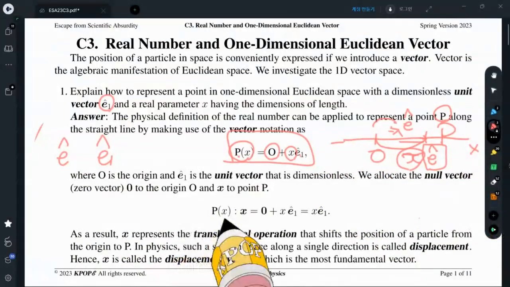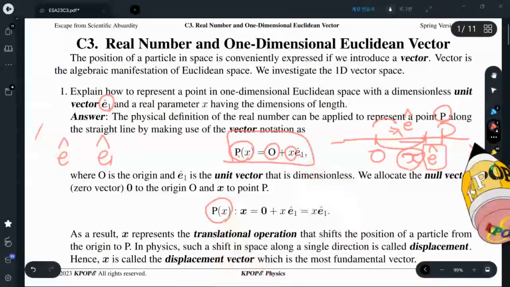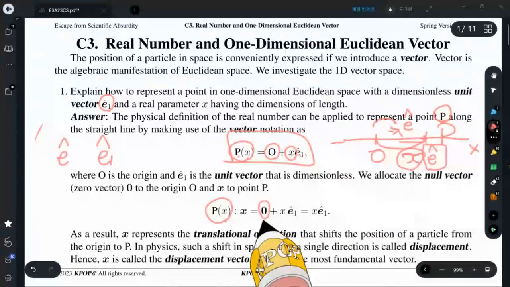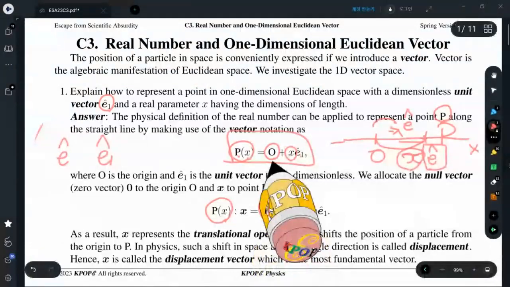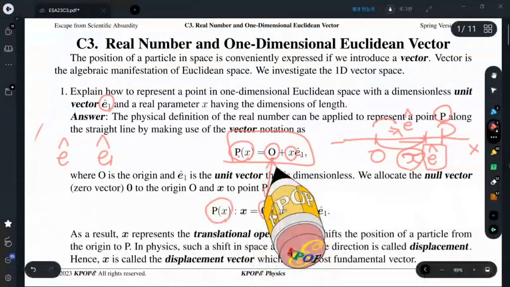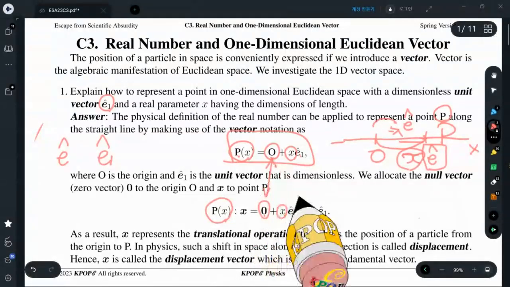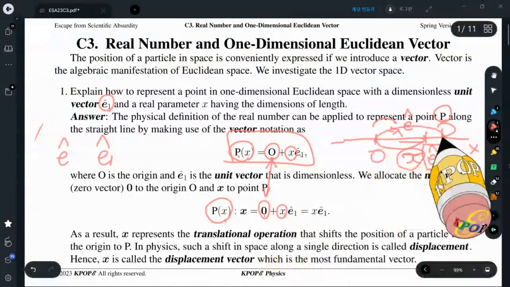Now I can represent a point on a straight line. This is a zero vector, an additive identity. The zero vector represents the origin. And if I know x, that x represents the distance from the origin to that point.